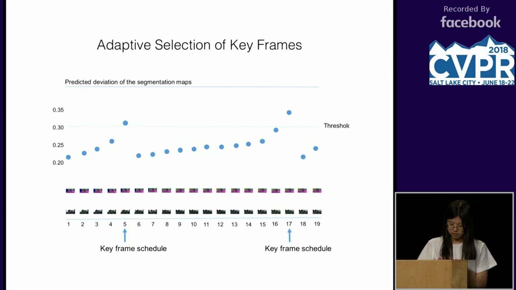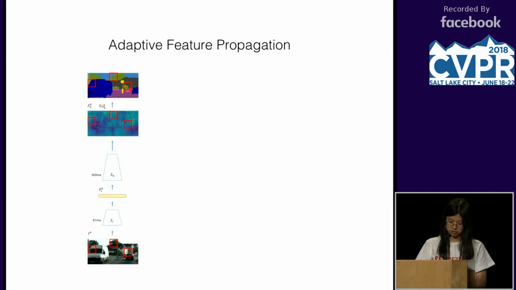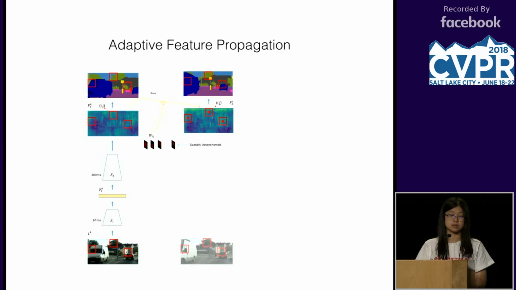The current feature is obtained by propagating the keyframe high-level feature using spatially variant kernels. The spatially variant kernels are also predicted by a network based on the low-level features shared with previous components. From these spatially variant kernels, we can better capture the adaptive features from previous frames.